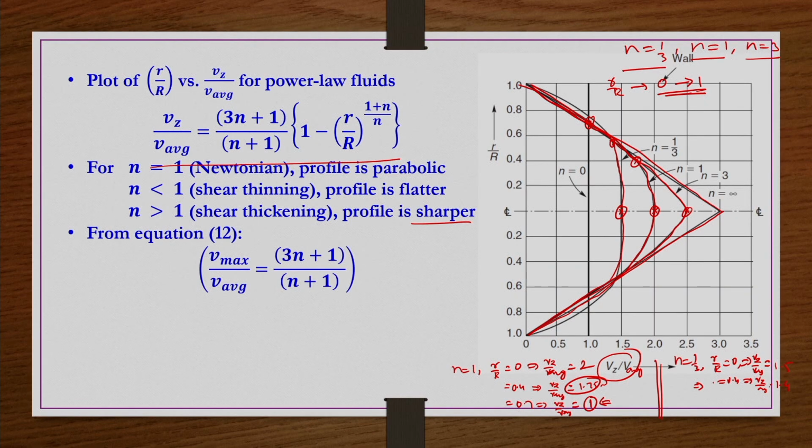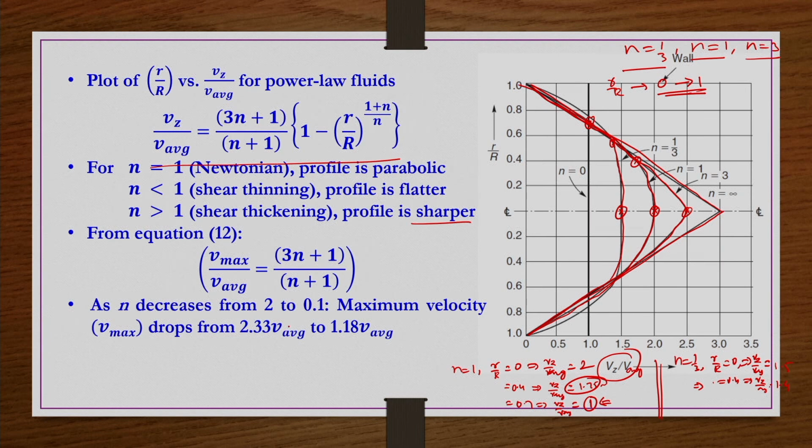So, from equation number 12, this is what we get: V max by V average equals (3n plus 1) by (n plus 1). That means the maximum velocity, as n decreases from 2 to 0.1, drops from 2.33 times V average to 1.18 times V average.